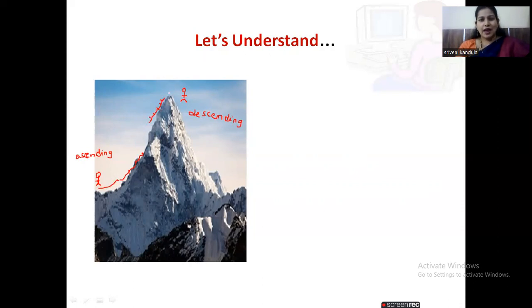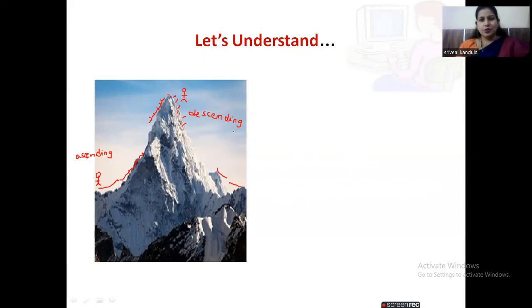Now, after reaching this point, let us think that he is getting down. How should his step size be? When the slope of the mountain is very high, again he has to take baby steps only. And then, as he approaches the bottom of the mountain, he can take larger steps.